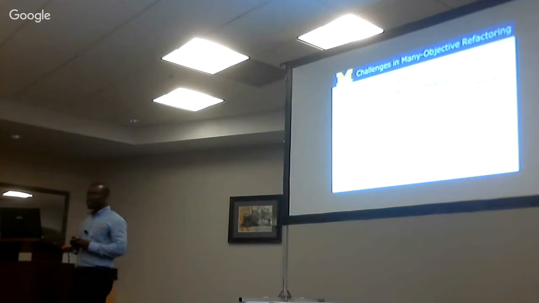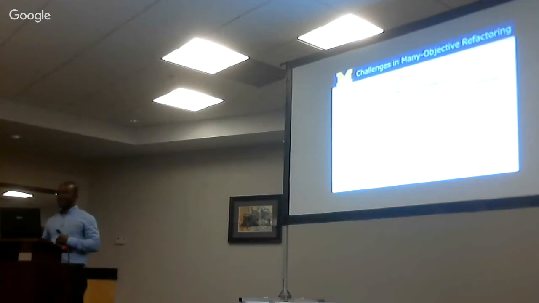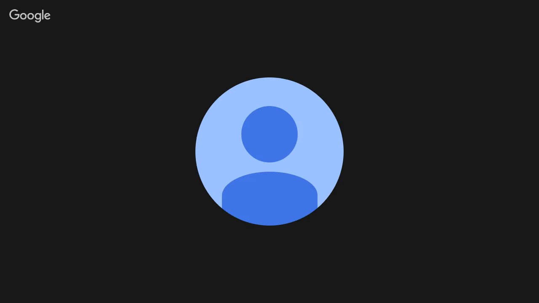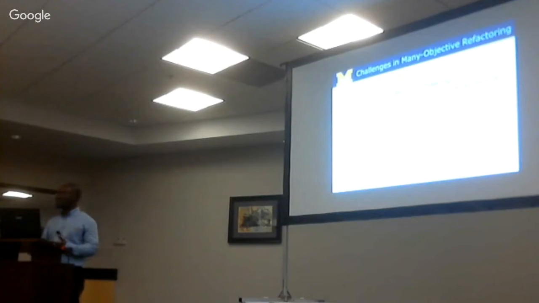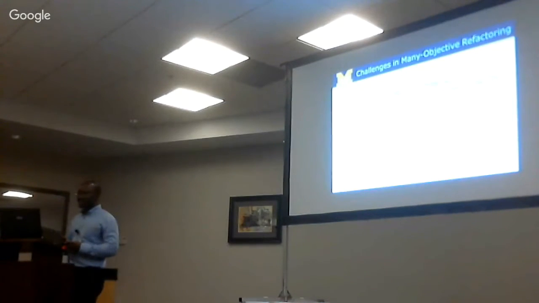Another challenge is visualization or decision making. After you have done the refactoring, usually at the end, you want to show something to the developer so that he can make a decision whether the refactoring is actually something acceptable. If there are too many parameters to show to the developer, then it will be very difficult for him to make a decision.